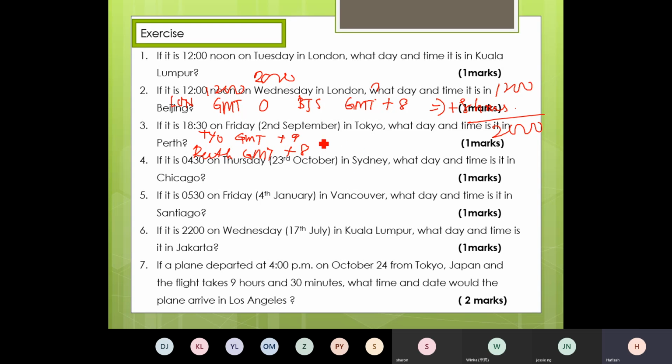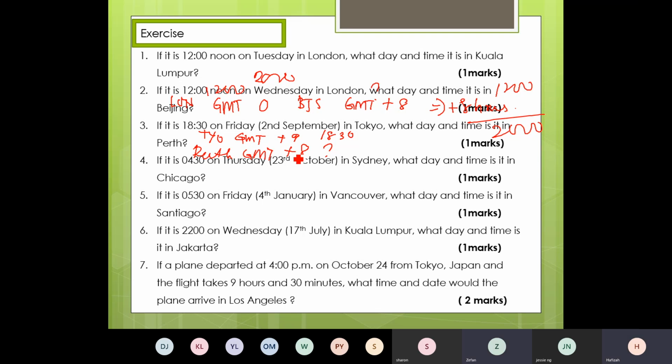So they gave the Tokyo time as 18:30. Now we want to find the time in Perth. What is the time in Perth? 17:30.